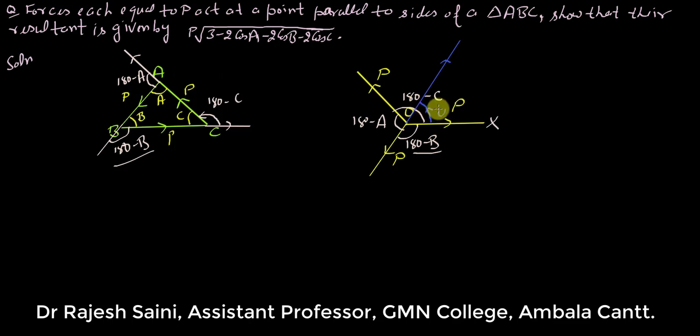This angle is theta. Fine. And this is resultant R. We have to find the resultant R and prove that this is equal to this expression. Now this is the figure, and say this is figure number 1 and this is figure number 2.